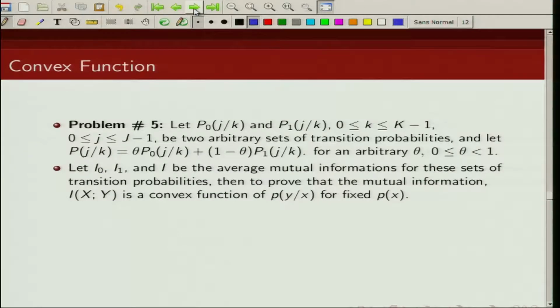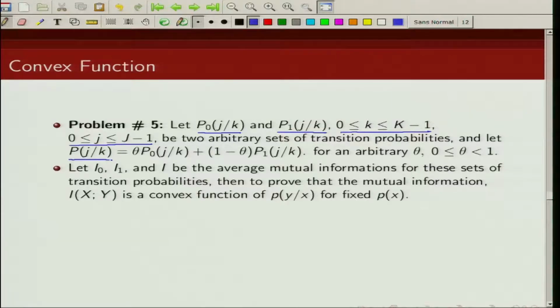The next question is on proving whether a function is convex or concave. We want to show that mutual information is a convex function of p of y given x for a fixed p of x. And how are we going to prove that? Let p0 j given k and p1 j given k, where k varies from 0 to K minus 1 and j varies from 0 to J minus 1, be two arbitrary sets of transition probabilities.